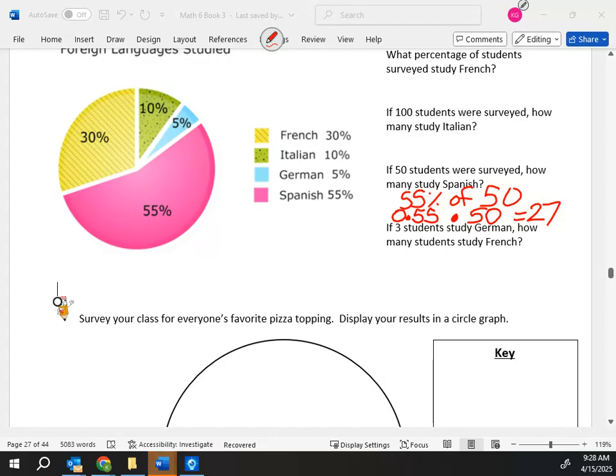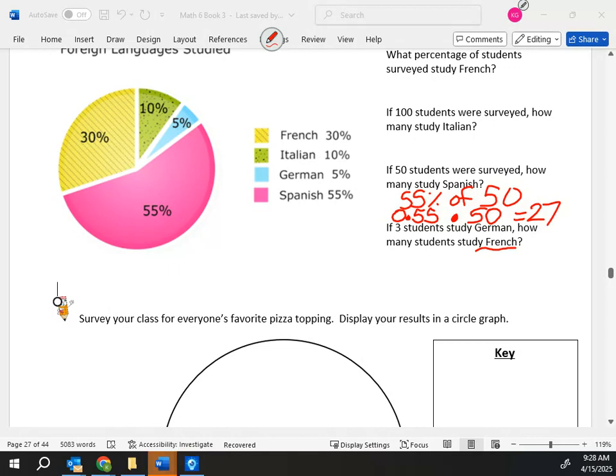So now, we know that 3 students studied German. How many students studied French? So this is different. We don't say 3 times 0.05. Well, 3 students studied German, but then we have to translate that into, well, how many studied French?